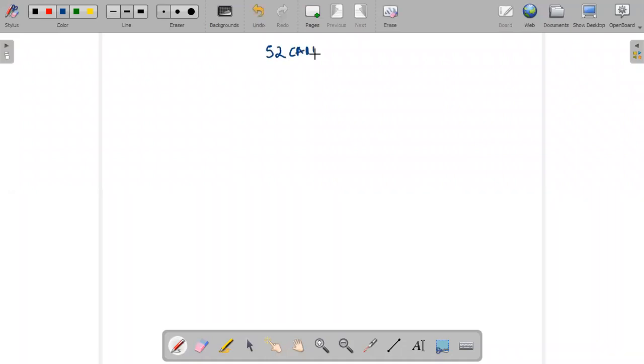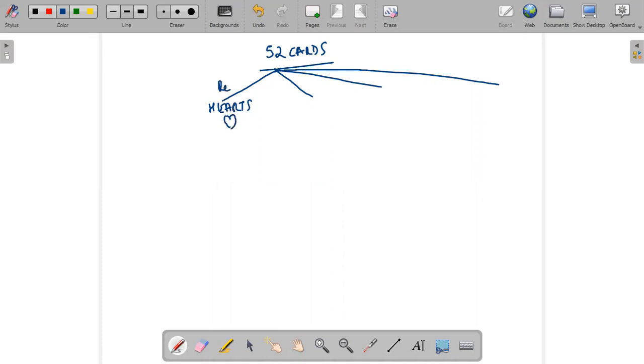See, when you consider a packet of cards, it's always a packet of 52 cards. And these 52 cards have four varieties in it. So the first variety, we call it hearts. The shape of a heart is there, and this is actually red in color.